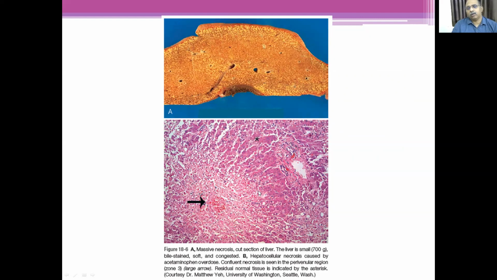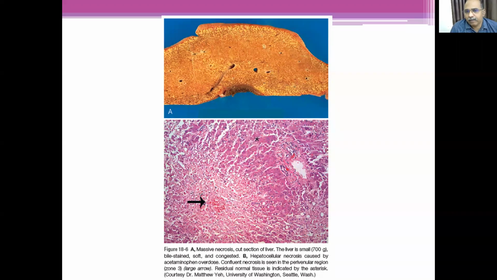So massive necrosis. Why is there necrosis only at the central vein, not around the portal tracts? Can anybody explain that?